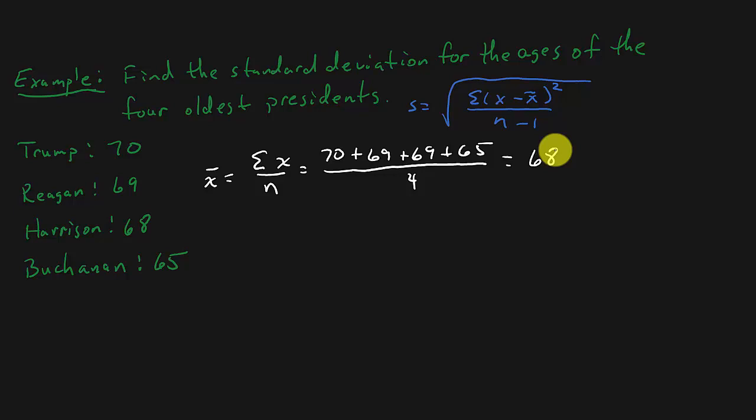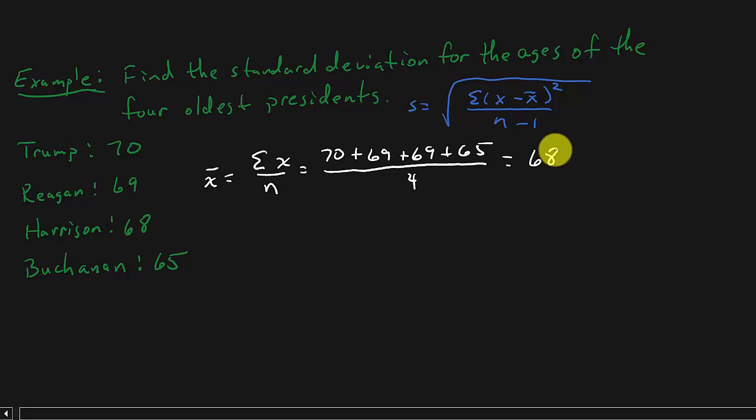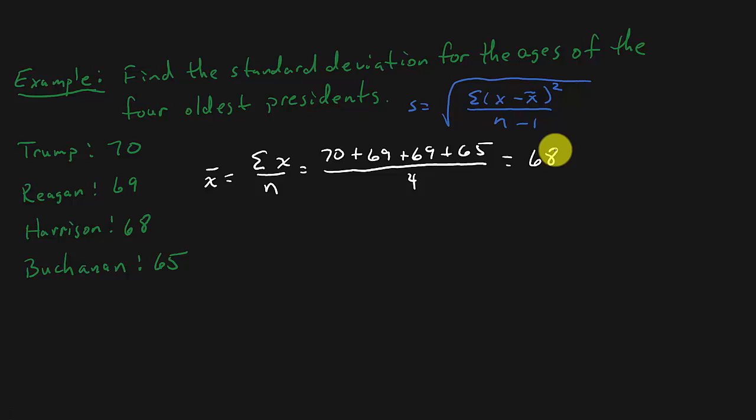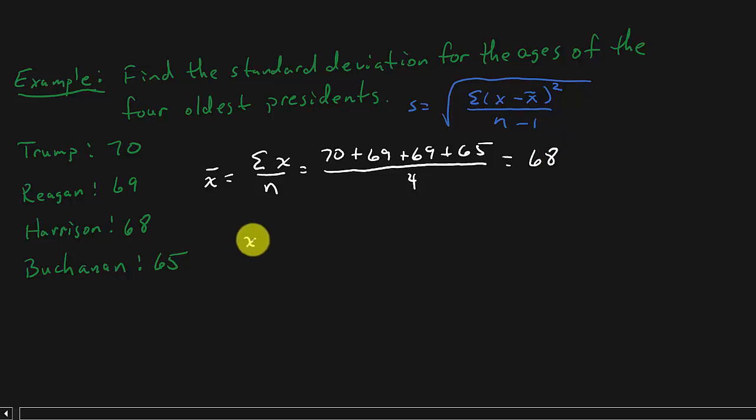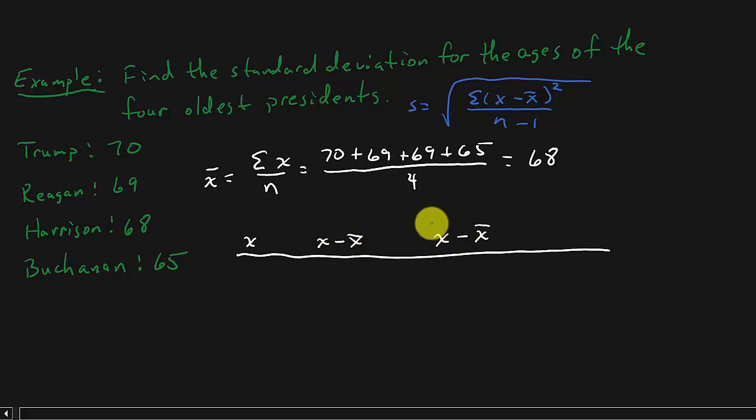Now, what I would do is go through and make a table. So let's do that. Let's write the data items. Let's make a table with x as one column, then an x minus x bar column, and then an x minus x bar squared column.